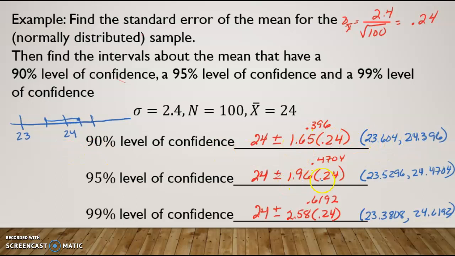Then I've got 23.5, which is back a little bit, and 24.5, which is up a little bit. So now you can see I cover more area. The last one, 23.3 and 24.6, you can see that covers the most area of all. So I start out with the 90% area, then the 95% area, and now I've got the 99% area. That's what happens the farther you cover.